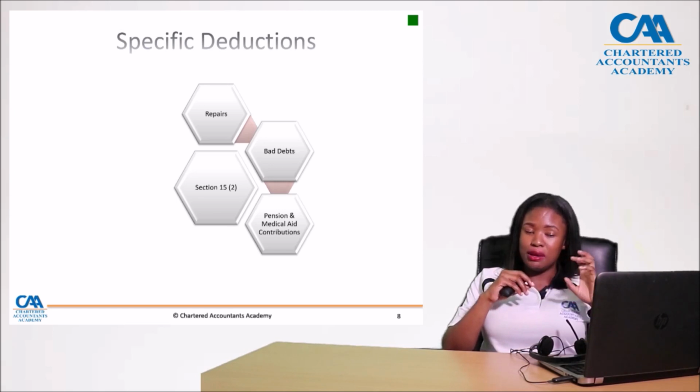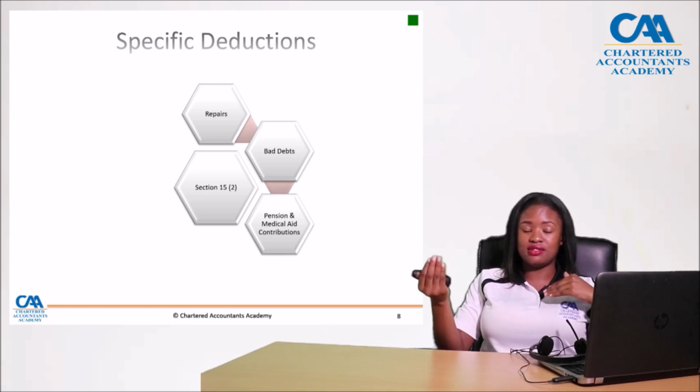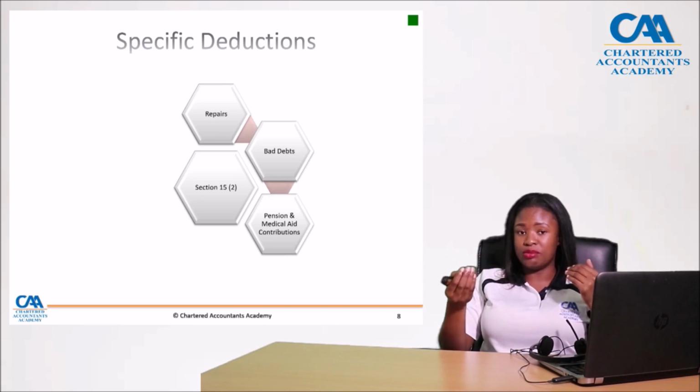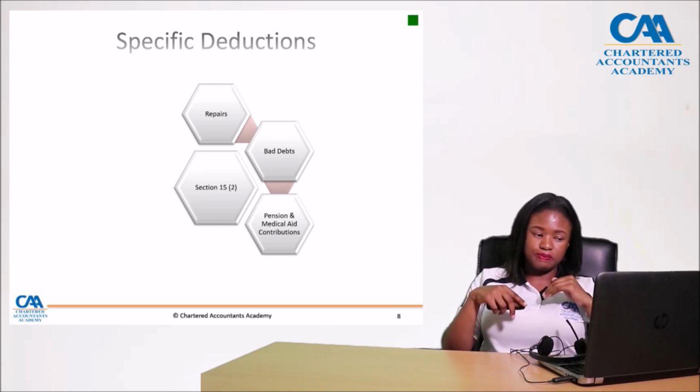So that is the maximum you are allowed to deduct per employee. So if you pay 6,000 worth of pension contributions for the CEO or something like that, the remaining 600, which is over and above the limit, will not be allowed as a deduction.